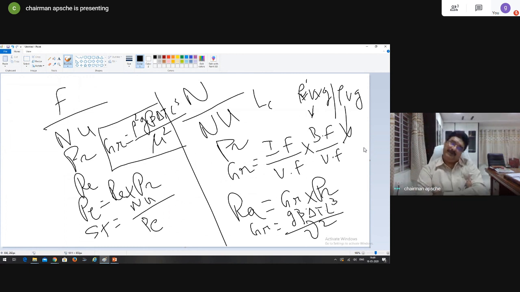I don't think I need to explain. Where g is acceleration due to gravity, 9.81 meters per second squared. So that's a universal constant. Beta is 1 over T. Delta T is the temperature difference between plate and the fluid. L is the characteristic dimension.